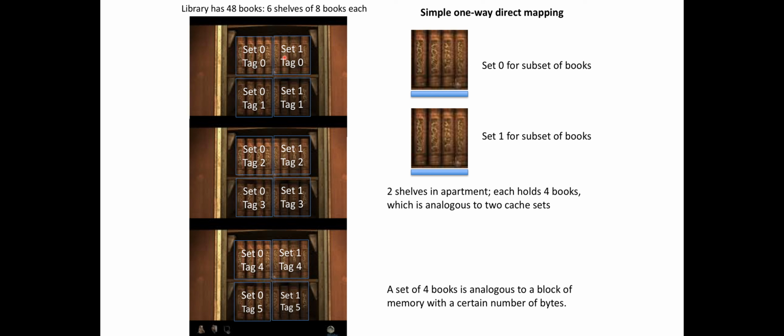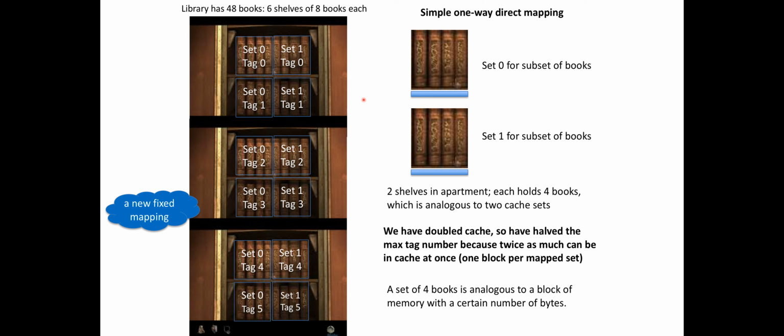And so we just simply have a whole series of tags for set 1 shelf and a series of tags for the set 0 shelf, you see here. Okay, so now this is a new fixed mapping because I changed how much cache I had. So that's an interesting thing to note about this.